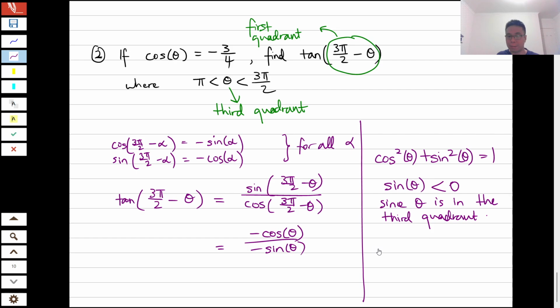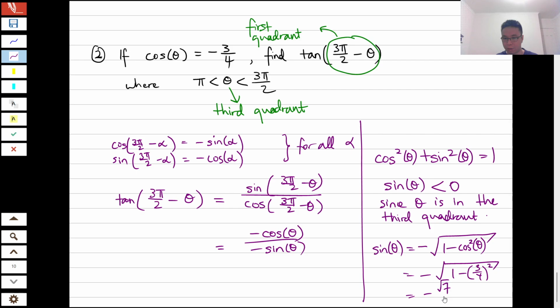Which means sine theta is going to be the negative square root of 1 minus cosine squared theta, the negative square root of 1 minus 3/4 all squared. And if you do this calculation, you'll get negative root 7 on 4.